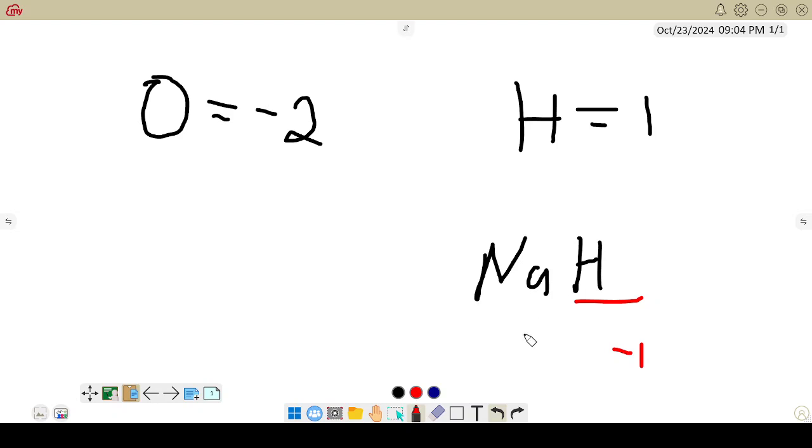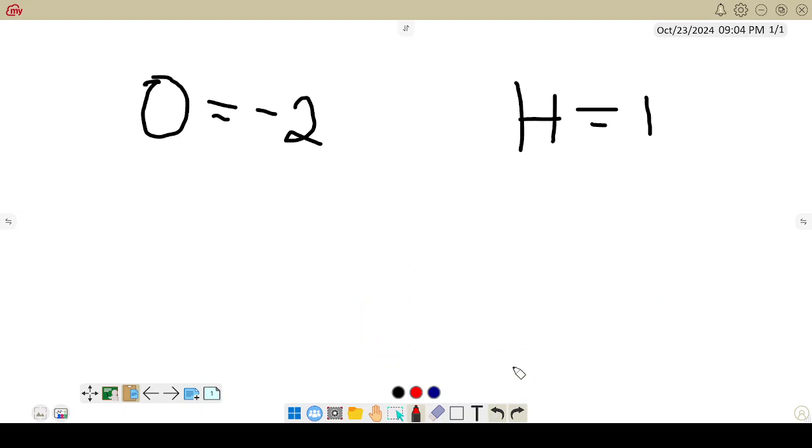We can have magnesium, any other metal, lithium, copper. So like copper hydride, lithium hydride, sodium hydride, magnesium hydride. In such cases, the oxidation number of hydrogen is -1.